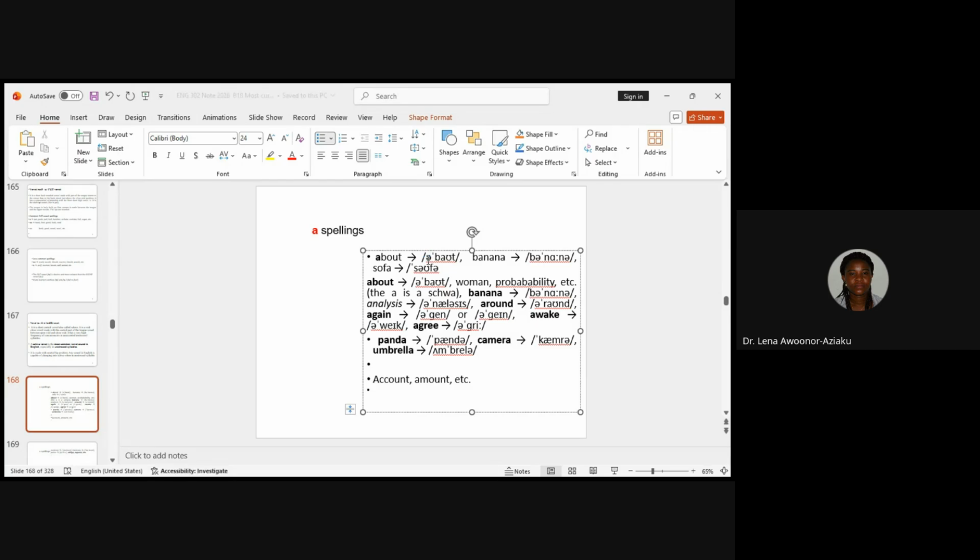Because the first syllable of about is unstressed. So it is about. What about you? What about you? About turn. Not about turn. If you say about turn, then you are using the full form of the vowel.